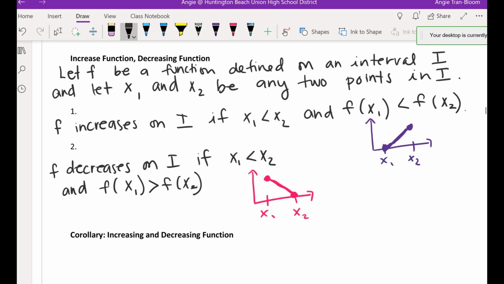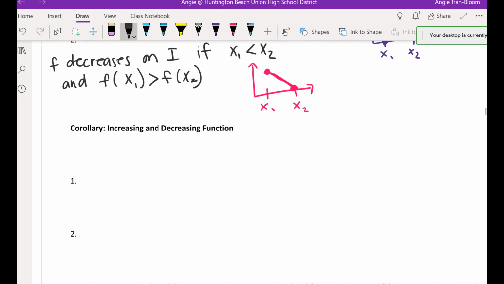Corollary. I can't say that fast, because if I say it fast, I'm going to say Corolla. Corollary. Corolla is a type of car. Corollary. Okay, increasing and decreasing function. Like I said, I have to say that really slow.